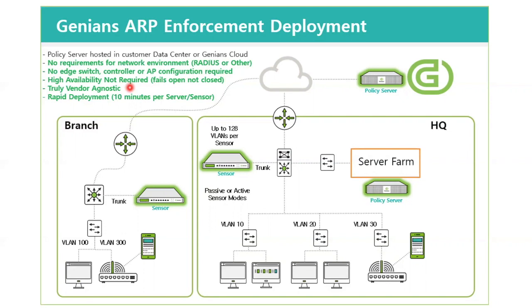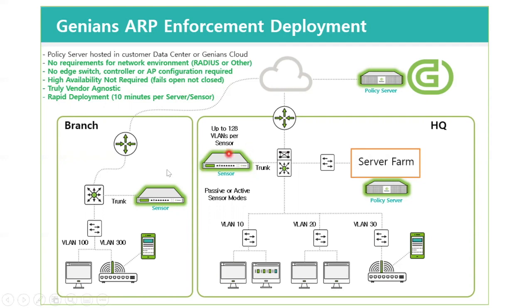So that is what makes this enforcement model truly vendor agnostic. And lastly, it can be very rapidly deployed, not because it's magic, but because you've taken away all of the barriers that slow down a NAC deployment and cause them to take a long time and to be difficult to deploy and manage.